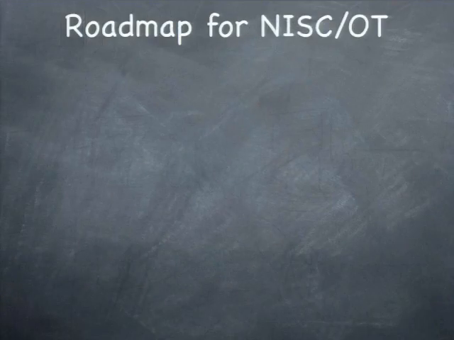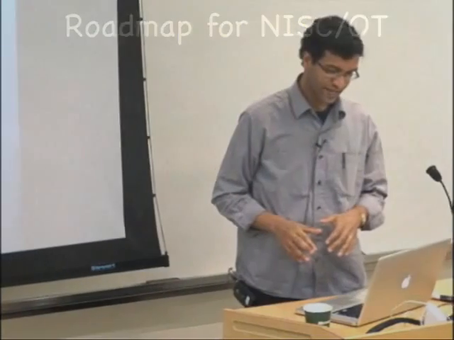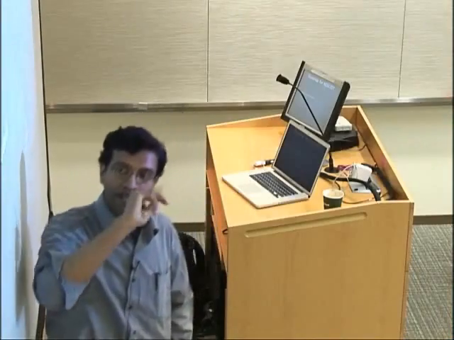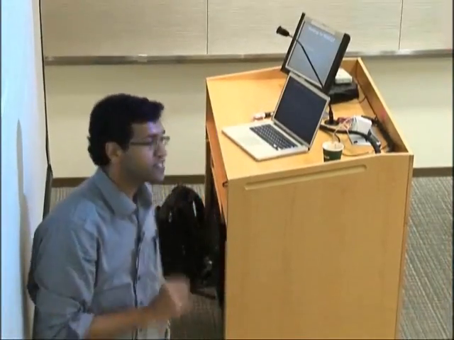Okay, so the construction is very detailed. There are several components to it. So I'll give you the roadmap and we'll see how far we can get. Step 1 is the NISC. We want to build NISC over OT. We will construct NISC over OT for just NC0 functions.